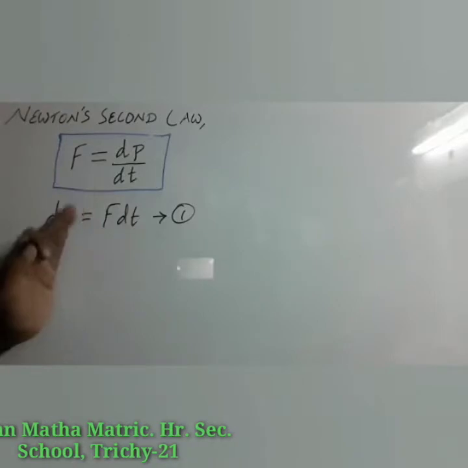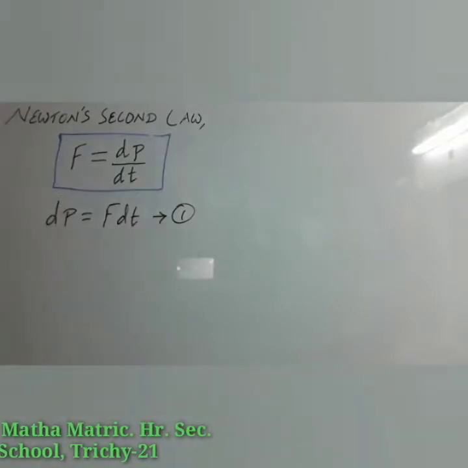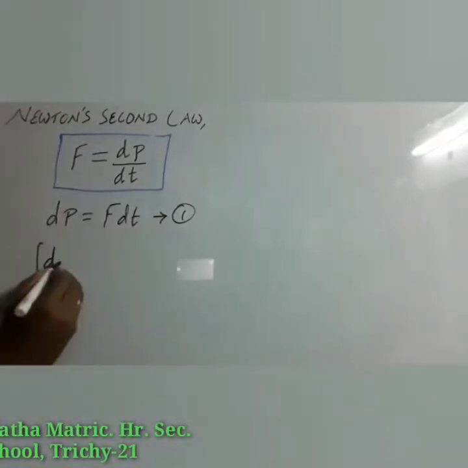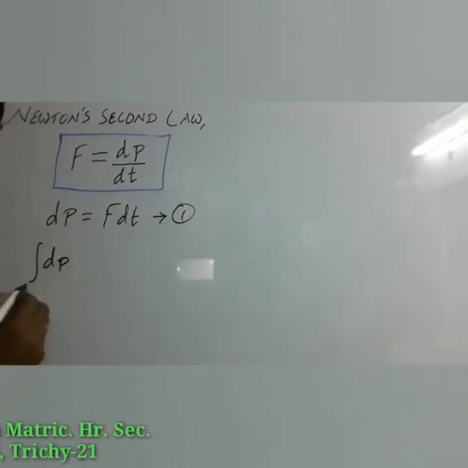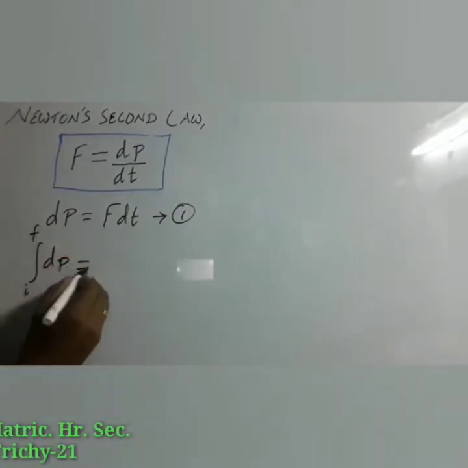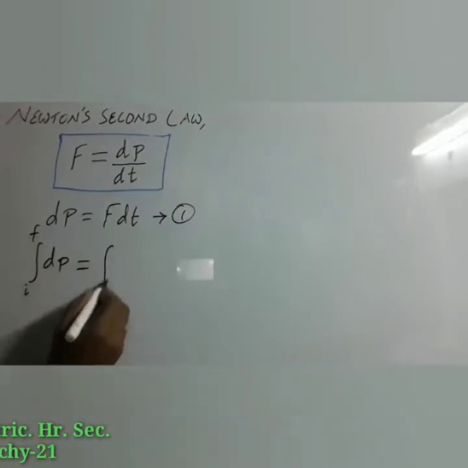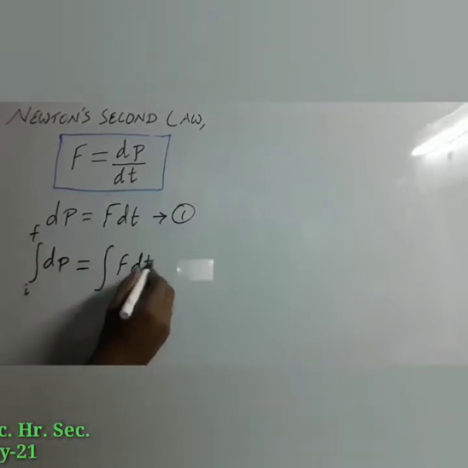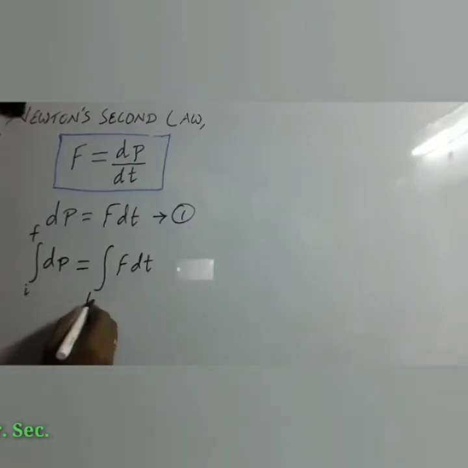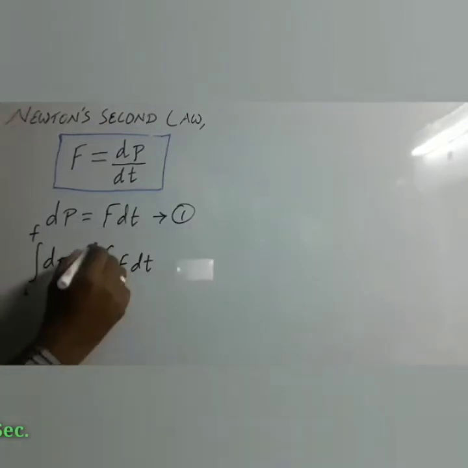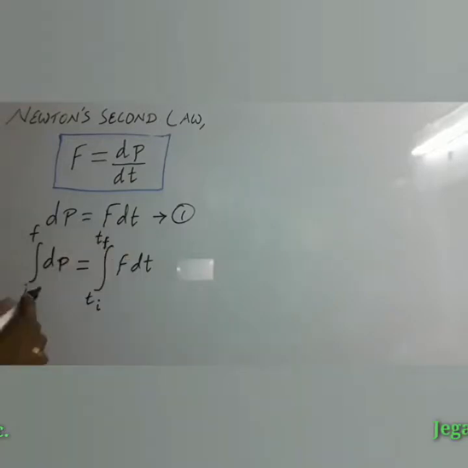Now we can integrate both sides of equation 1. The integral of dp, you have to apply the upper limit and the lower limit, f and i. It is equal to the integral of F dt. Here you can take the lower limit as the initial time ti and the upper limit as the final time tf. We have learned about integration. Suppose dp is integrated, what will be the value?